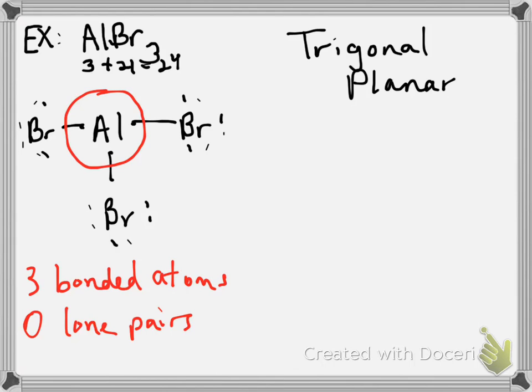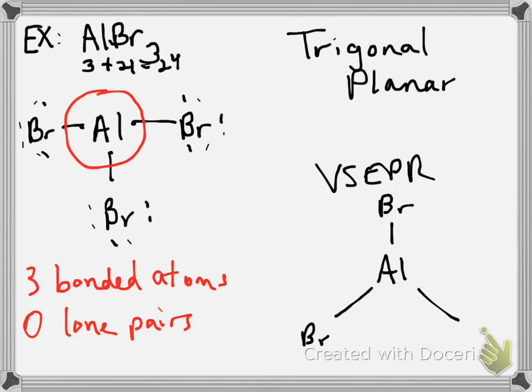So let's draw what this looks like. Now, first off, I have the Al in the middle. Okay, so this is going to be my VSEPR structure again. And basically, it looks like a Y shape. So the Br is going to be one up here, one down to the left, one down to the right. Now, knowing that a circle's 360 degrees, what would I expect the bond angle to be then between each of the Brs?